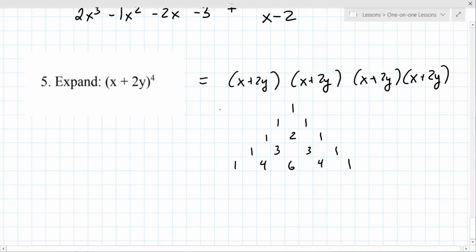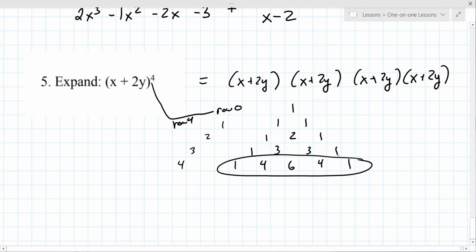So this is, I believe, row 0. So then we want row 4. That's 0, 1, 2, 3, 4. So we want these coefficients here. So the way you expand this is there's a coefficient, which we're going to get.